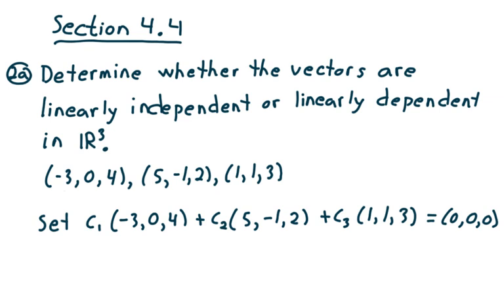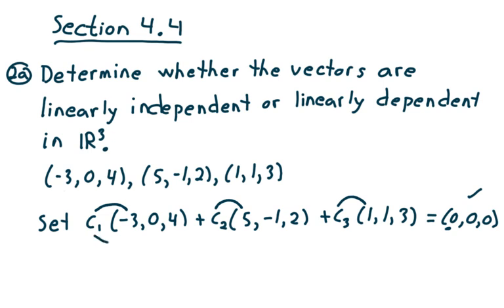So we're going to take C1 times the vector (-3, 0, 4), plus C2 times the vector (5, -1, 2), plus C3 times the vector (1, 1, 3), and we're going to set it equal to (0, 0, 0). And this right here is going to produce a system of equations. I'm going to take C1 times -3 plus C2 times 5 plus C3 times 1, and set it equal to 0, the first component.